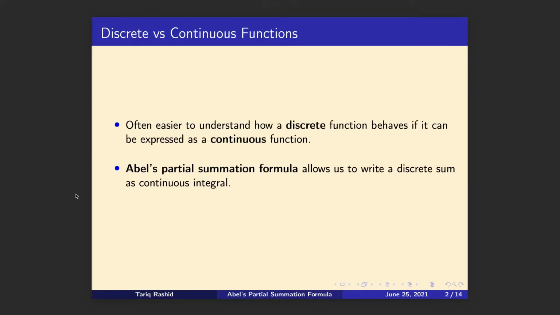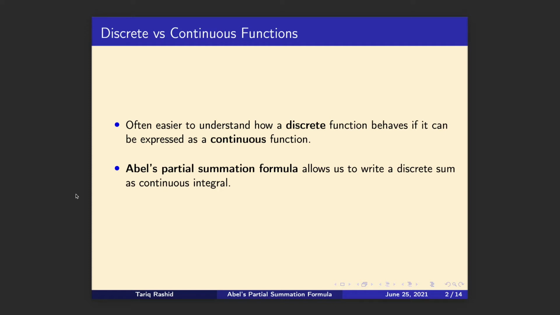The challenge that it really helps us with is converting a problem about discrete functions, arithmetic functions, into continuous functions, which are often easier to work with, because with continuous functions we've got lots of tools for exploring their behaviour. We can use calculus, for example.